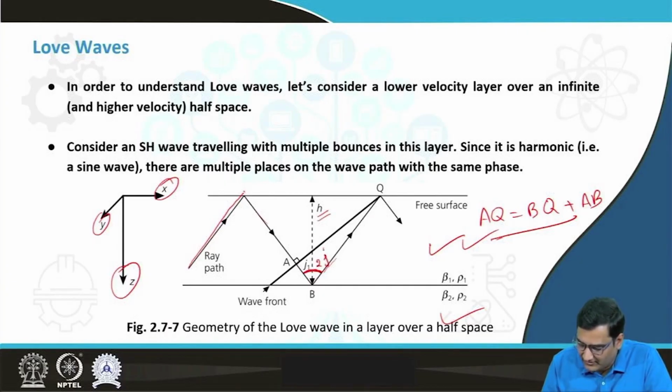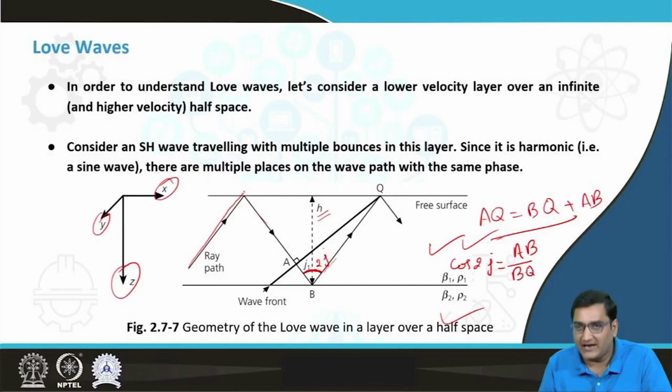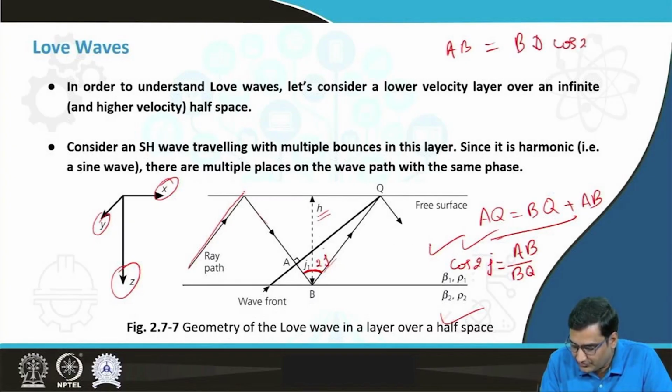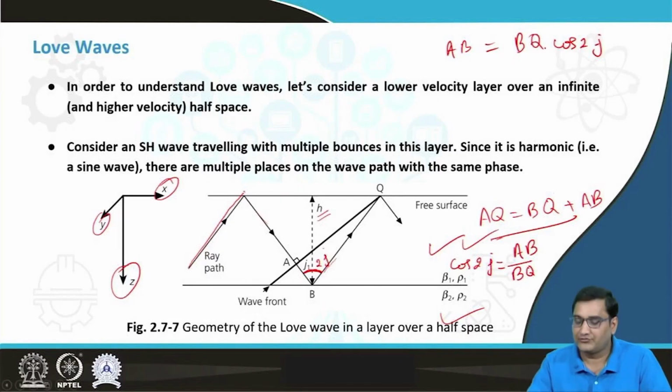So you can write the equation for cos 2J, that will be equal to AB divided by BQ. So AB is equal to BQ cos 2J.